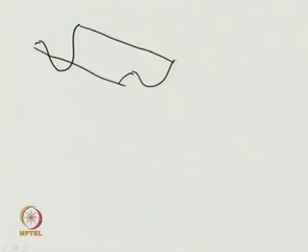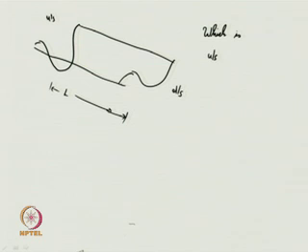Say the channel reach is like this, with the upstream portion and the downstream portion, and the length of the reach is L. The methodology involves first identifying which is the upstream portion and which is the downstream portion, which you need to understand by seeing the direction of flow.